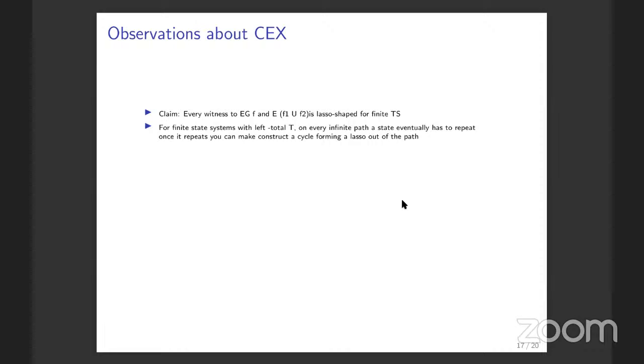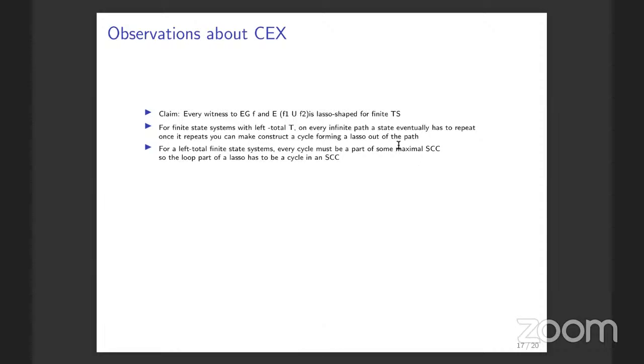Okay, and the tail part, the finite prefix part, can have repeated states also. But once you get a repeated state, you can always make a loop, making it a lasso.